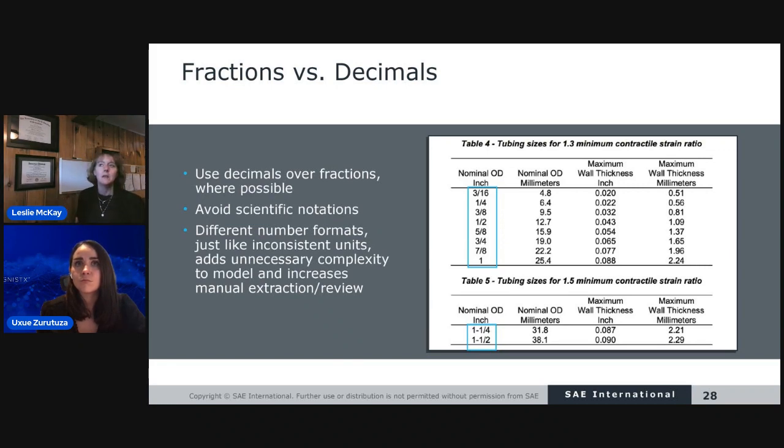It's more overhead and more complexity for your model when you're not using just a straight decimal number. It also introduces more areas where you might have to manually enter the data or have extra scrutiny on some data tables that could have been interpreted incorrectly.